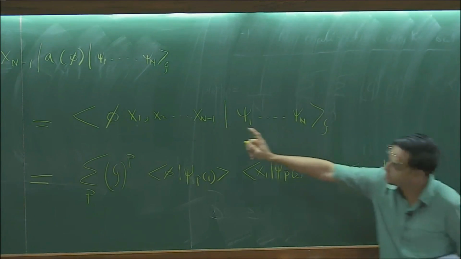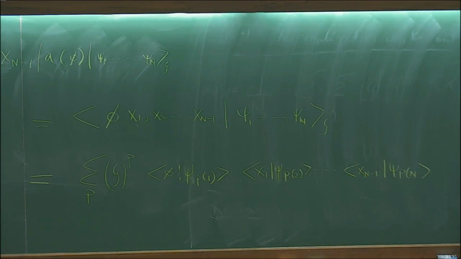I've just used the definition on both sides and gotten rid of a redundant sum over permutations and cancelled the 1 over n factor. Right?